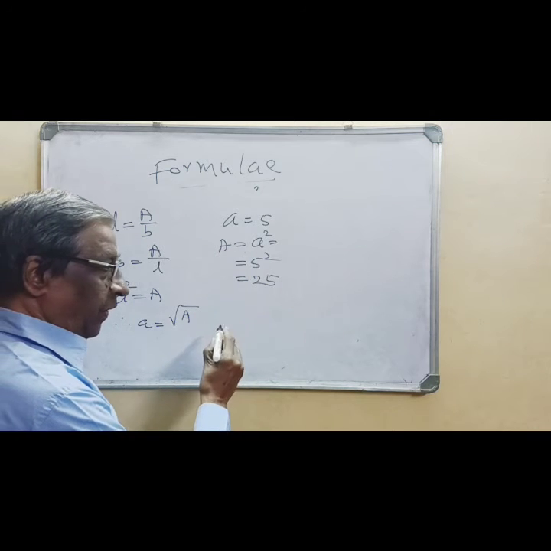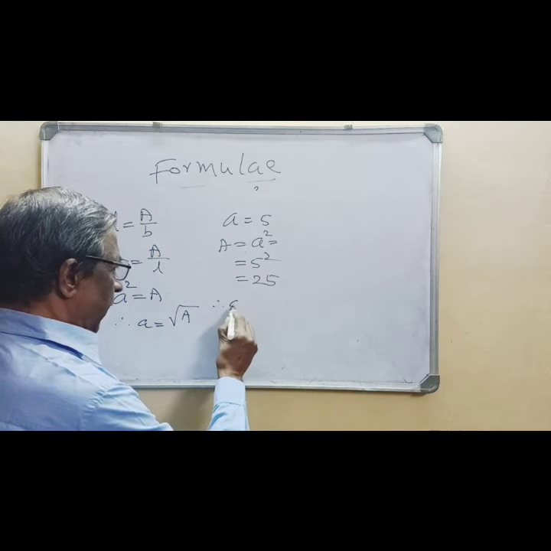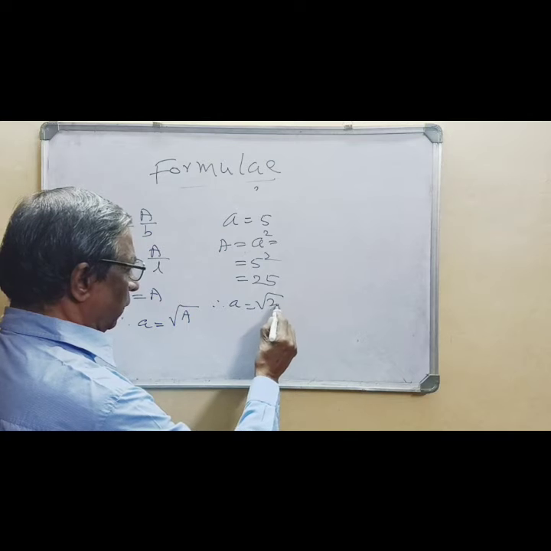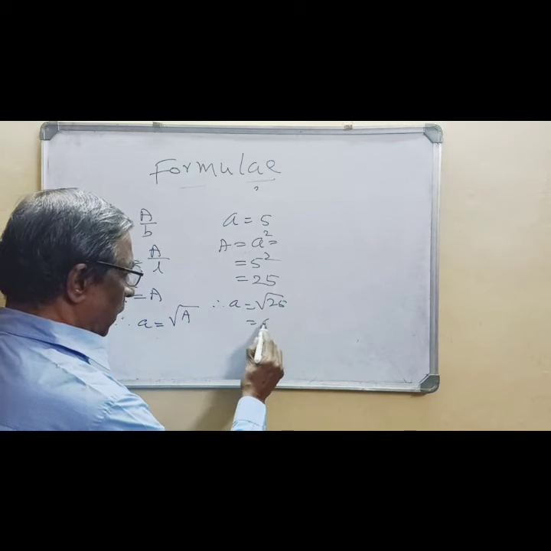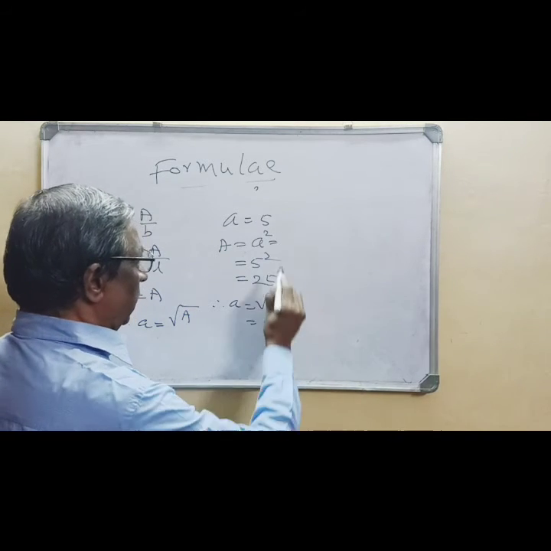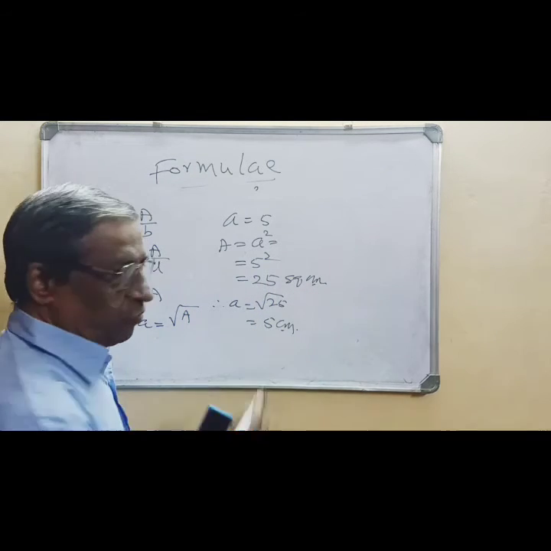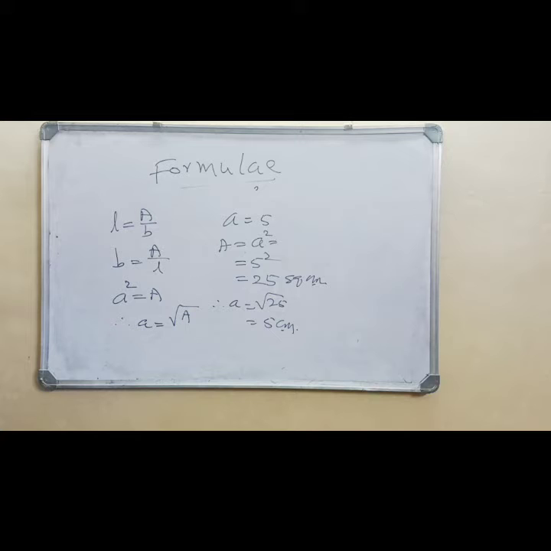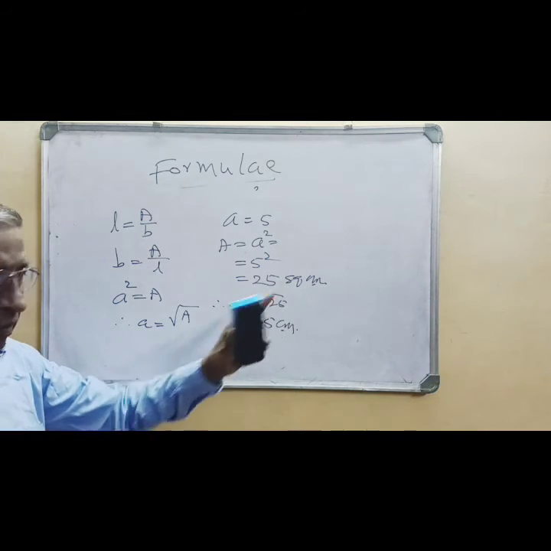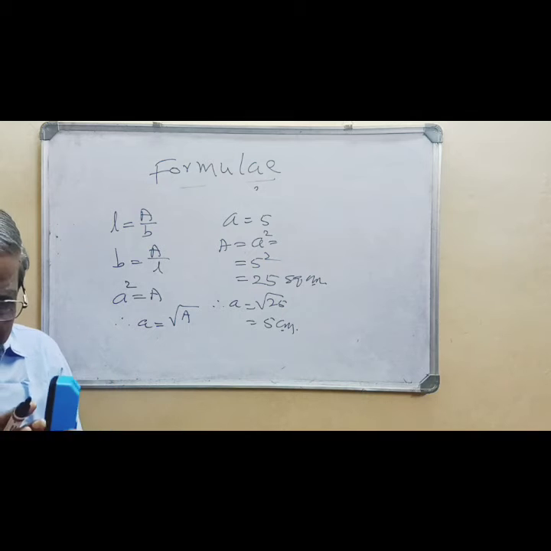Suppose if you want a, here a is equal to the square root of 25, which is 5 centimeters. Here we write square centimeters, square meter, square foot, like that, because they are squares.